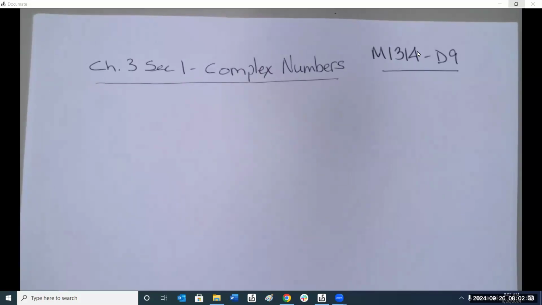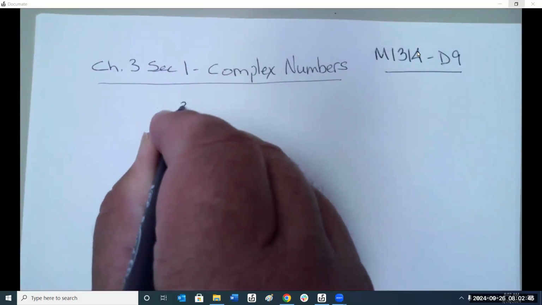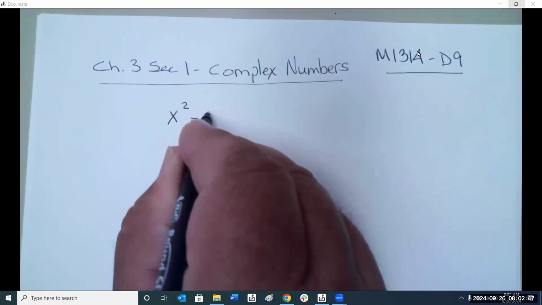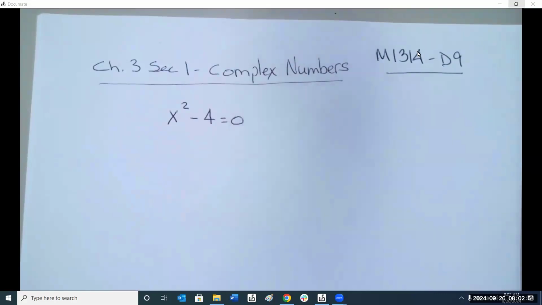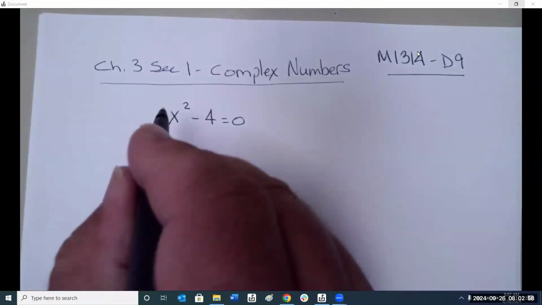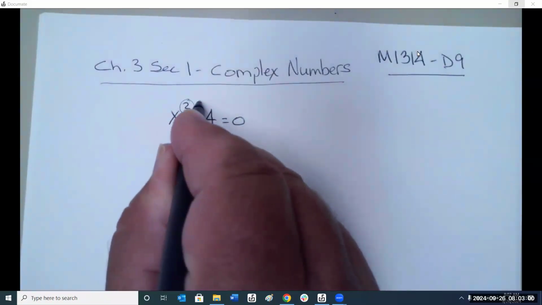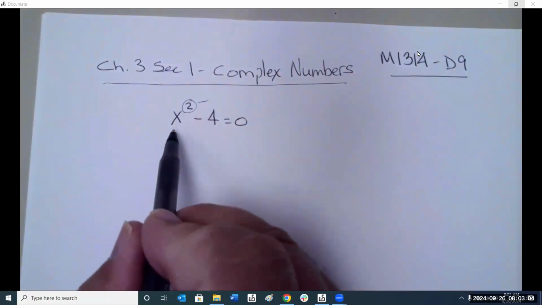We're going to start a new chapter. We're going to now deal with equations that in the past we couldn't answer. In other words, if I gave you this equation, what are my solutions? How many solutions can I have to begin with? The degree tells you the number of solutions possible. What does this graph look like?